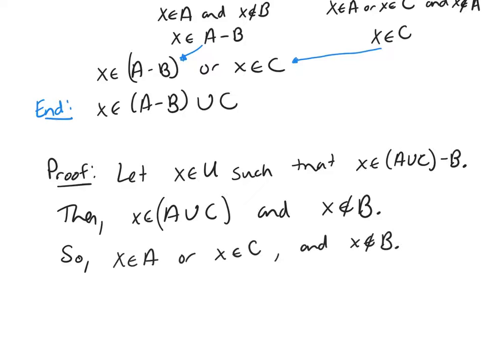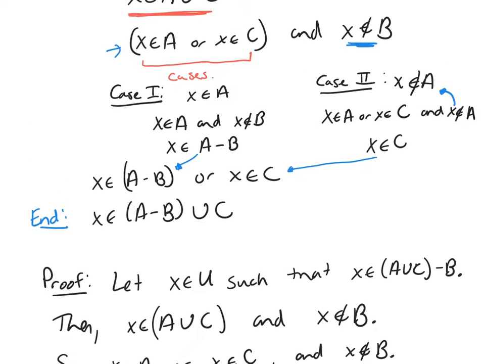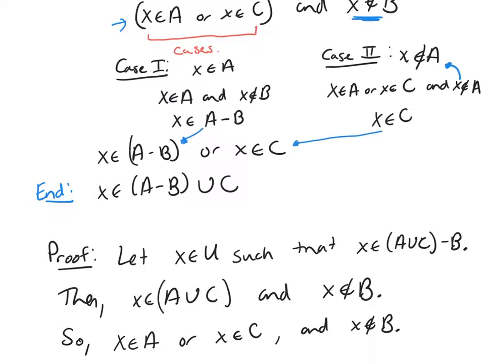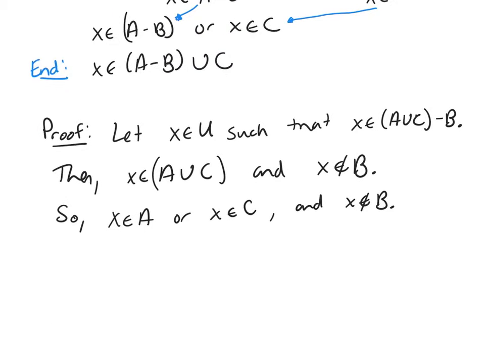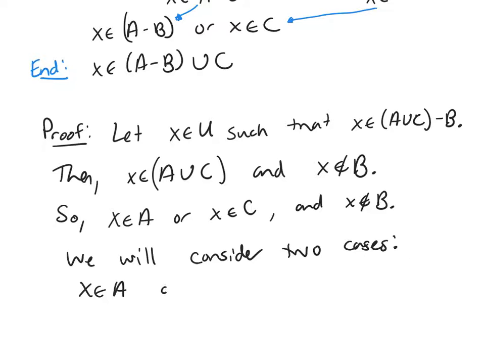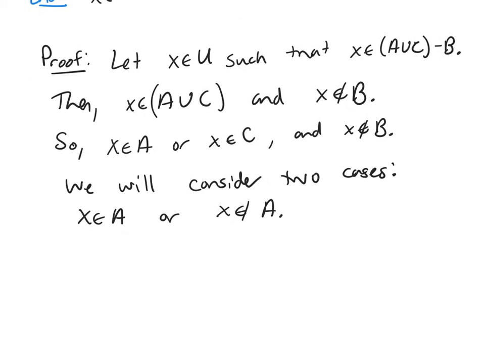From here, if you go back to our outline, that's where we split up into the two cases. So next in our proof, we will consider two cases. Those two cases were X is in A or X is not in A. So in our proof now, we focus in on case one.